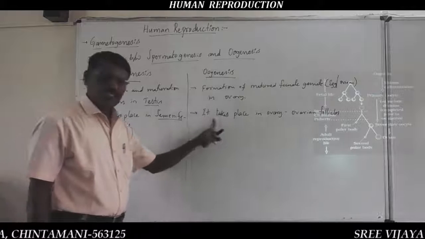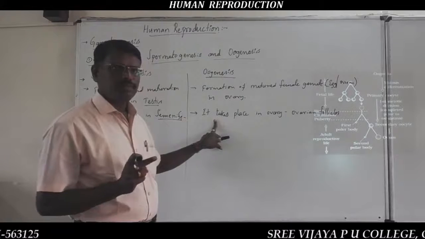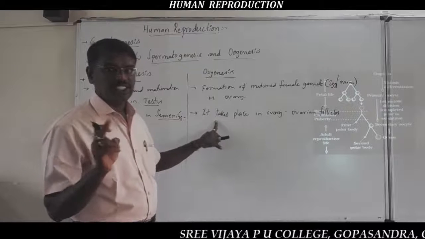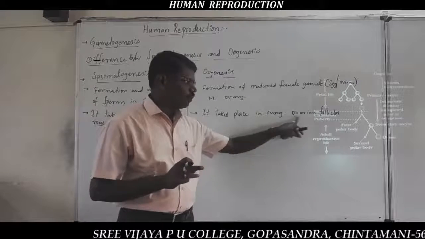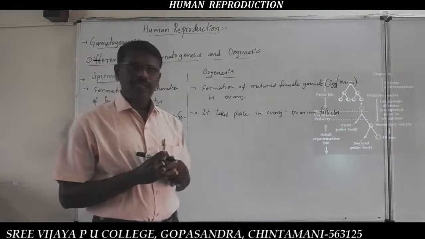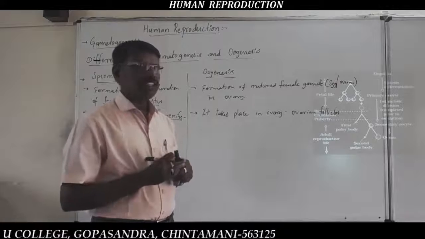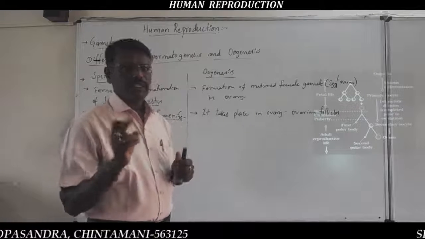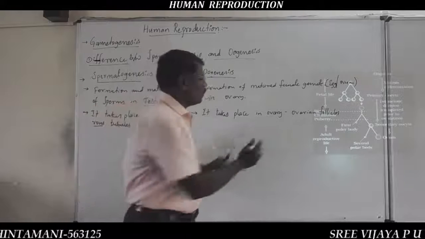In oogenesis, the egg or ovum is formed from female gamete mother cells called oogonia, which are present in the ovary in ovarian follicles. A single follicular cell develops as an egg in the duration of 28 or 29 days in the ovary.